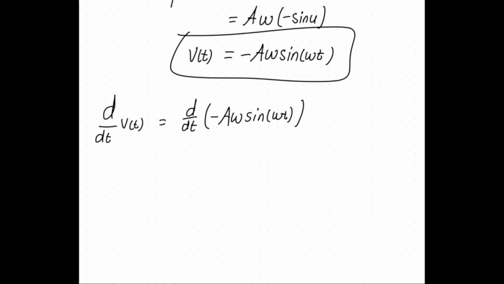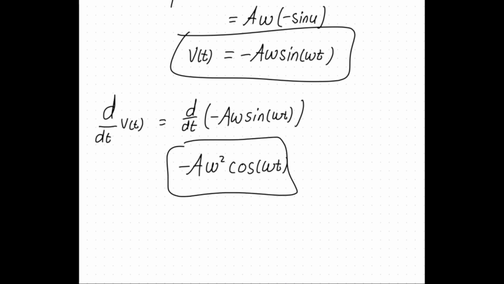And what we get from that, again, is just going to be a negative a. We'll get a factor of omega out front, just like we did from the previous derivative. So we get minus a omega squared, and then our sine becomes a cosine omega t. So those are my equations of motion for the APC people.